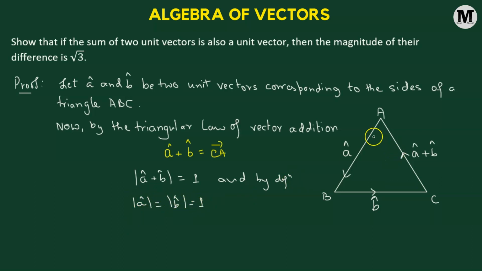So here we can see that in the triangle, all three sides have equal magnitude, equal to 1. This implies that triangle ABC is an equilateral triangle.